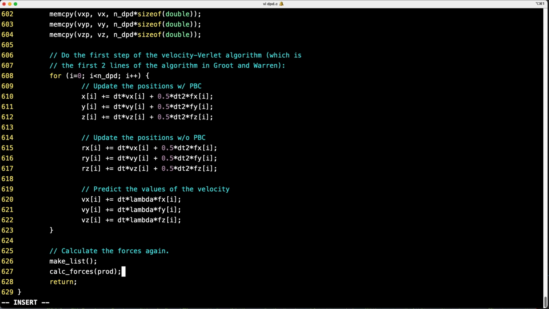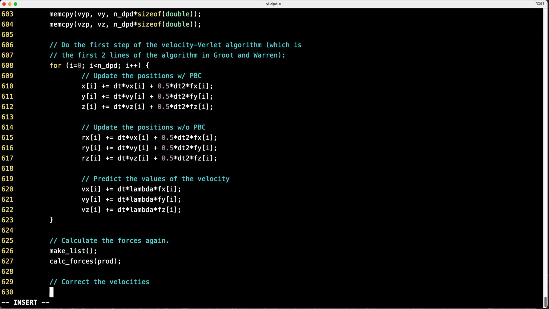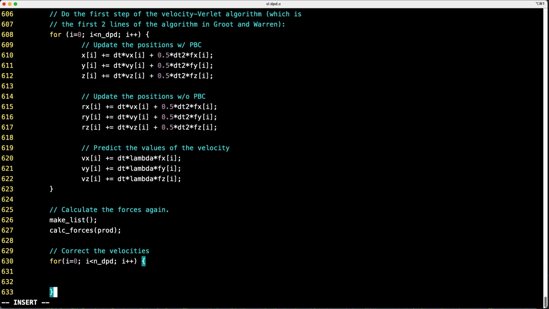Okay, so we've calculated the forces. And now that we've done that, we need to correct the velocities. And if you remember, what that amounts to is we take the current velocity and add the average of the forces from this time step and the forces that were just calculated here. And so again, we're going to iterate through all of our particles, and we correct the velocities. So vxi is going to be equal to, not vxi, but the value that we stored previously.